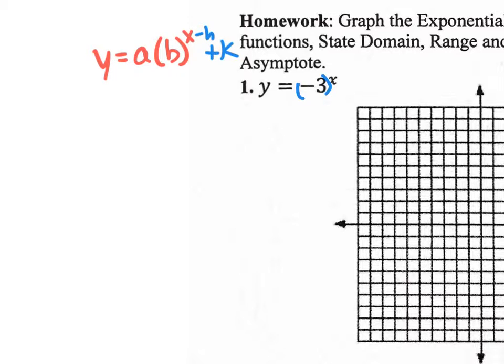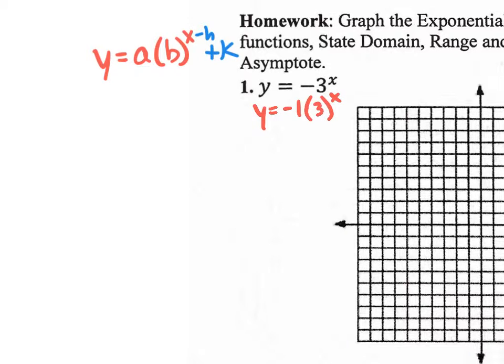So the base is actually 3. The a value is -1. So the first thing to do is to understand that this original function, exponential growth function, is y equals -1 times 3 to the x power.